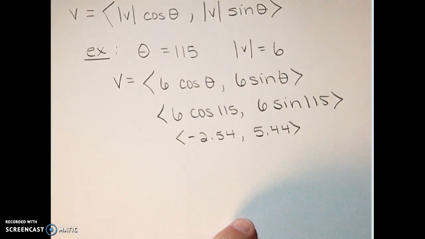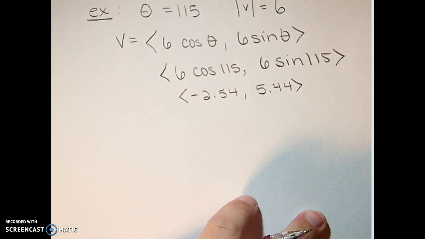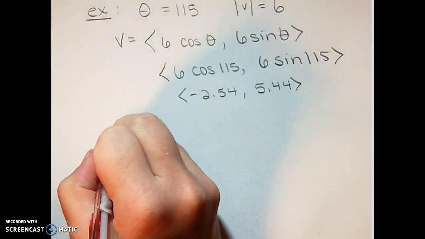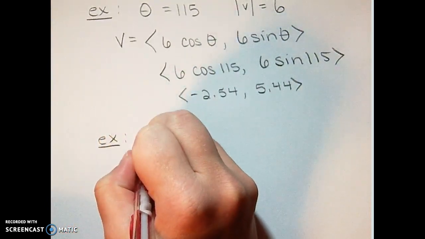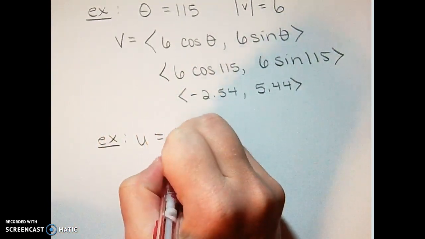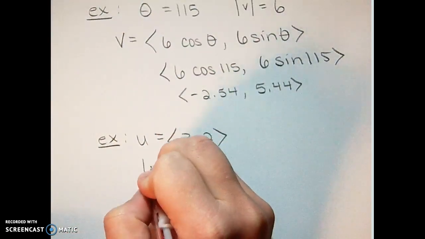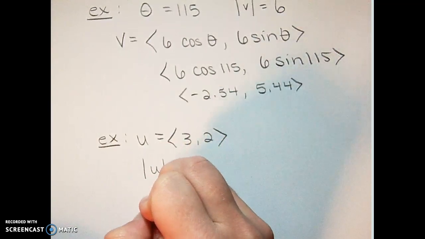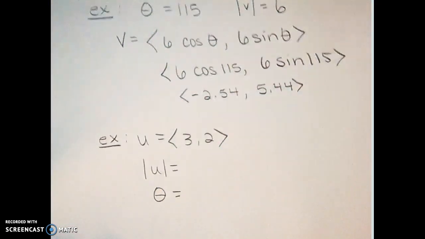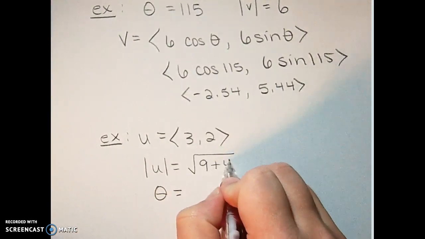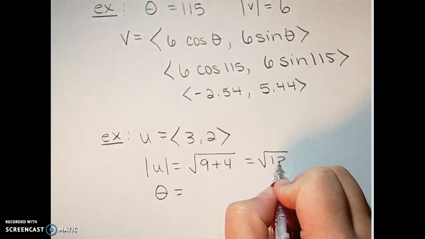Now, what if you are required to find the magnitude and direction angle? If I already give you the vector, can you work backwards? Meaning, if you are told u is 3, 2, can you tell me what the magnitude is and theta? Magnitude, pretty simple. 9 plus 4, square root of 13.